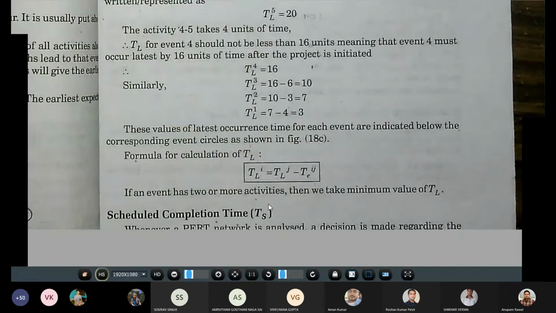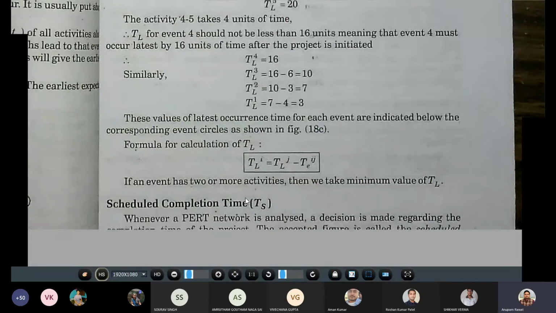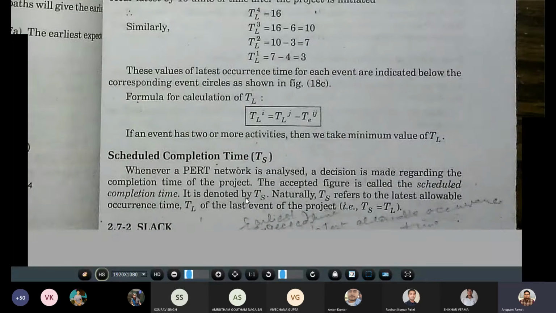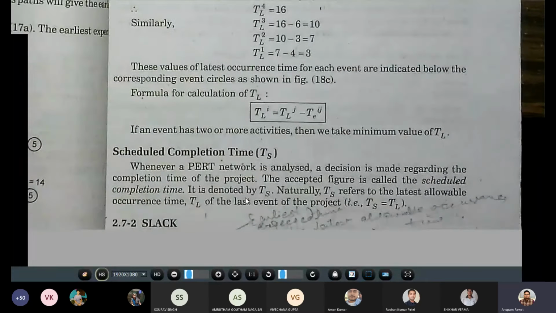Also, sometimes there is a scheduled completion time that I have already told you about, that is TS. Whenever the PERT network is analyzed, a decision is made regarding the completion time of the project, and the accepted figure is called the scheduled completion time.